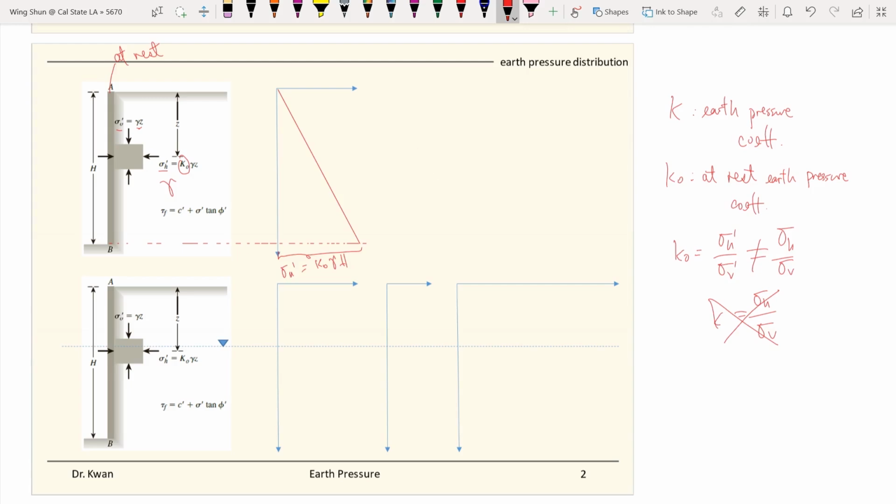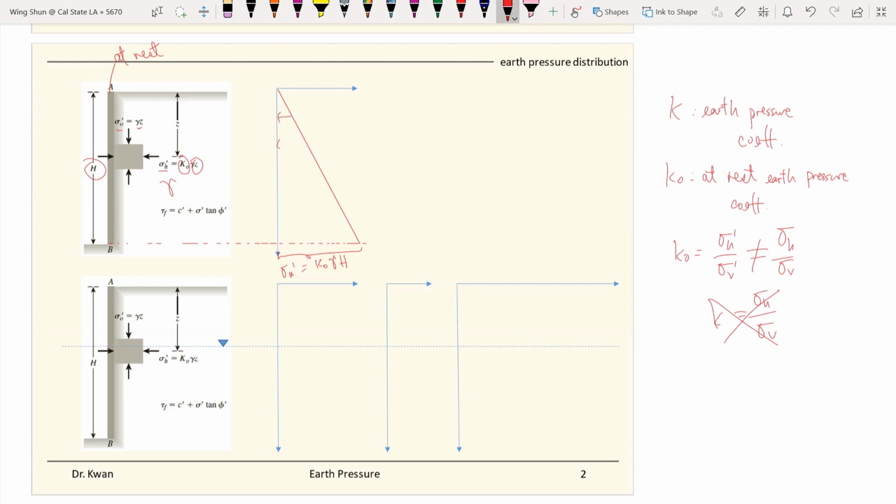Throughout the different depths you have the horizontal stress in terms of z instead of h, because at the bottom of the wall you have the whole height of the wall. So here it equals h at the bottom of the wall, which means it sustains all the loading. And the location of the force acting on the wall will be at the center of this triangle. You have a triangular stress distribution there.